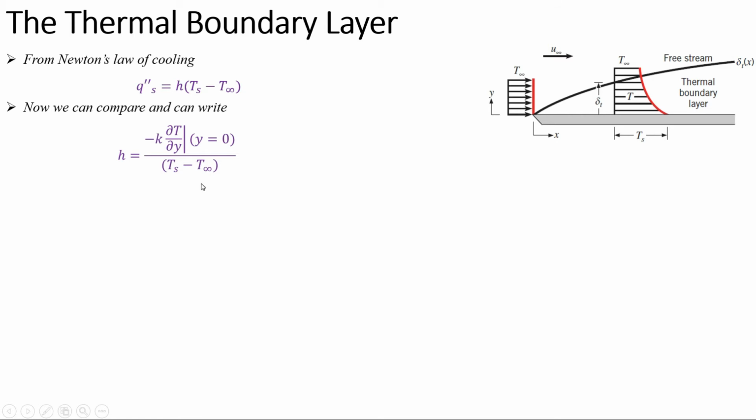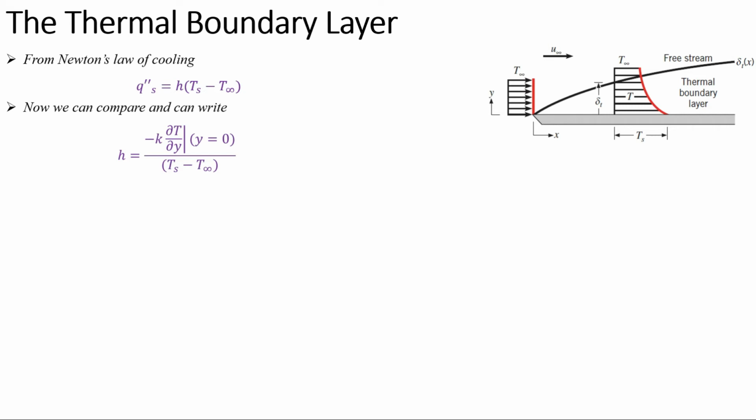So it means that if you know the temperature profile within the thermal boundary layer, and you know the fluid properties, you can measure the free stream temperature, you can measure the surface temperature, and you can easily determine the convection heat transfer coefficient. Only one thing you require, which is the temperature profile.